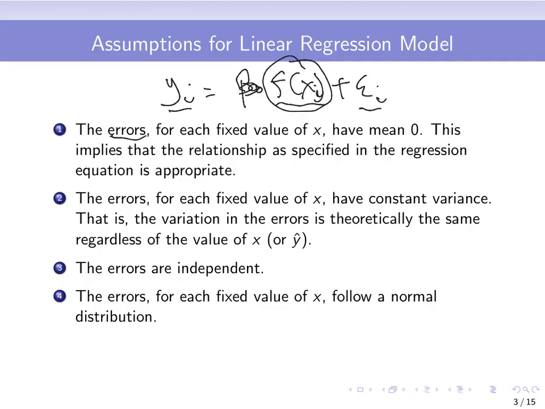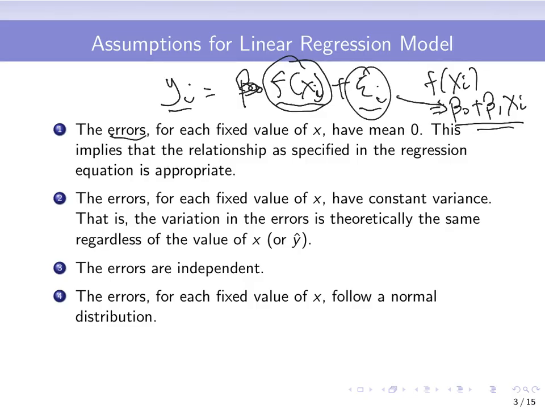For now, we're usually focusing on a situation where this f of x is a linear relationship. So if the errors have mean 0, then this is a good approximation.